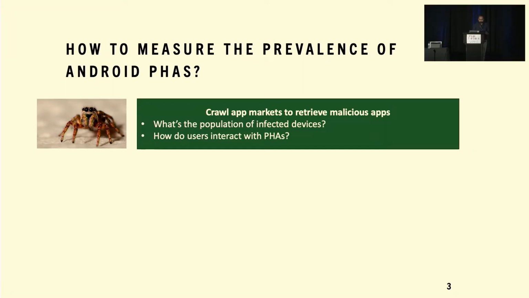This gives us an overview of what's going on to some extent, but it misses a piece. So we do not see what happens once apps are installed on devices, how long they stay on devices, what users do once malicious apps make it on their devices, and so on and so forth.